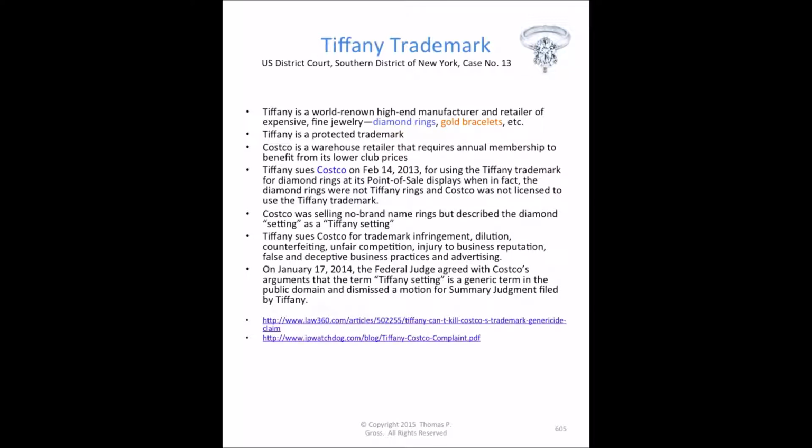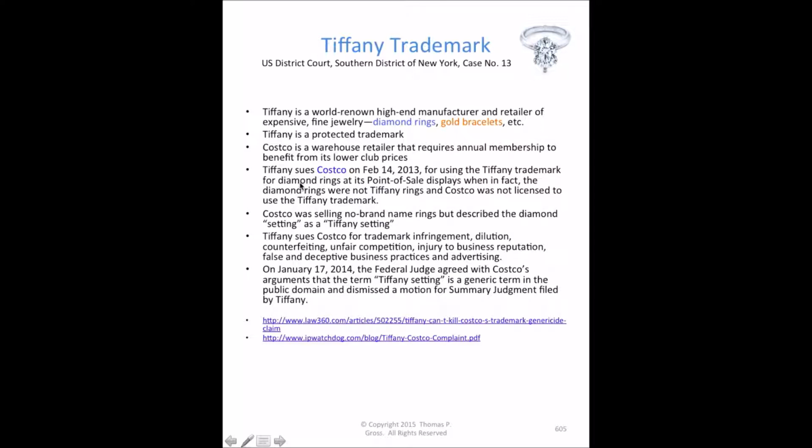Tiffany, of course, is well known for its jewelry and settings. Costco is a club that requires annual membership. They're here in the Washington area. You benefit from lower prices. They sell diamond rings, gold bracelets.